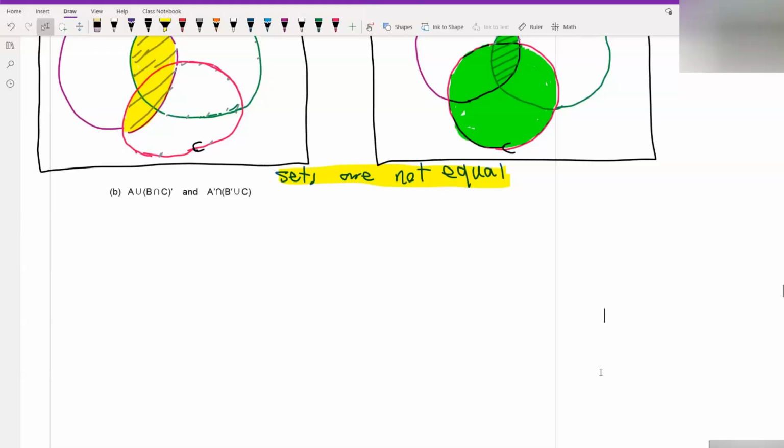It's A union, first, we have to find B intersection C, in complement of that part.